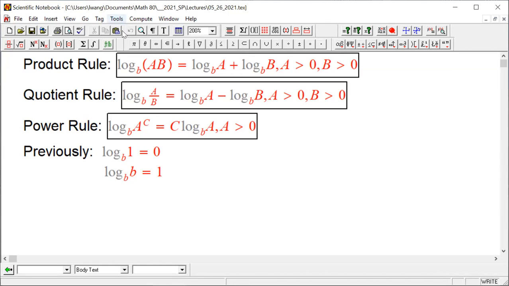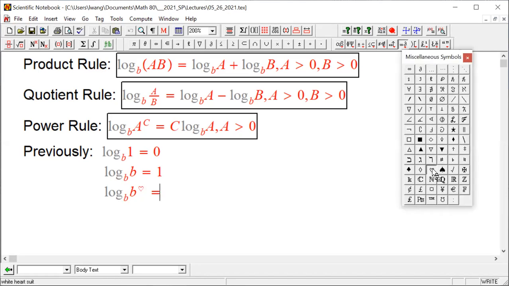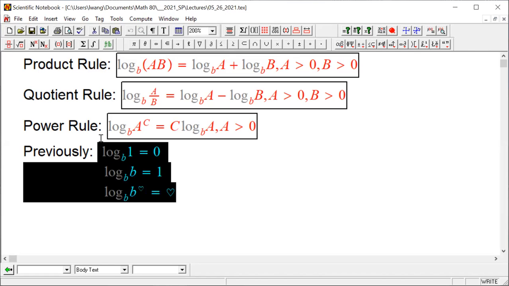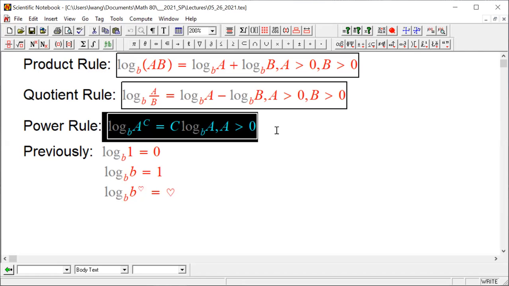And log base b of b to the power of heart, which we have learned before, equals the heart. All of these are special cases of this power rule.